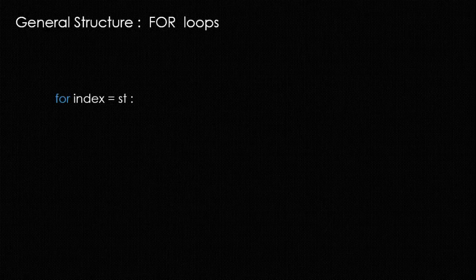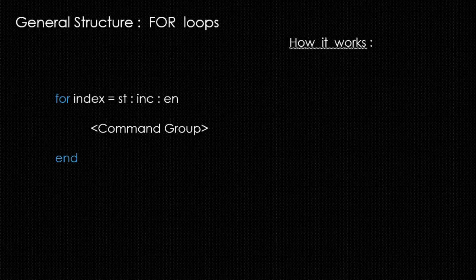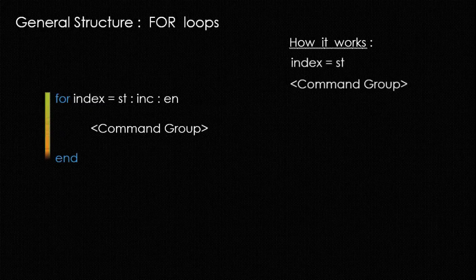The general structure of for loops is: for the index variable equals start colon increment colon the ending, then the group of commands that are to be executed, then end to mark the end of the loop. How this works is: the index is assigned the starting value and the statements are executed.